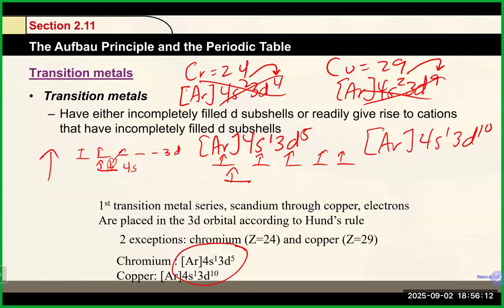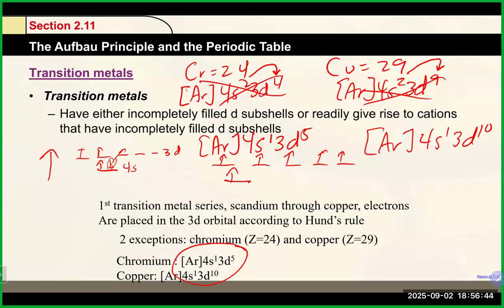In fact, if you go on the periodic table where both of those are located, chromium and copper, and you go down on the periodic table, there's a ton of exceptions like this or similar to this. Silver is an exception. Pd is an exception. Actually, with Pd, it has no electrons in the s. They've all been promoted up to the d. So there's a lot of exceptions underneath those on the periodic table in that transition metal region.